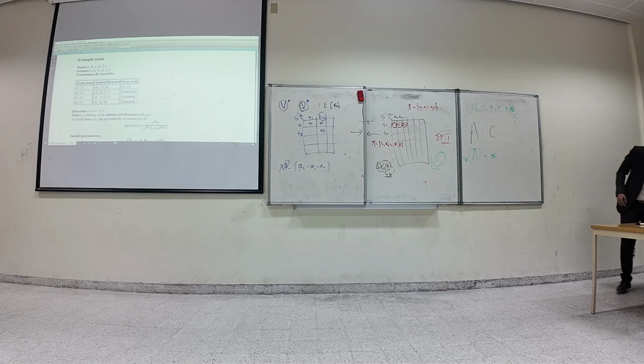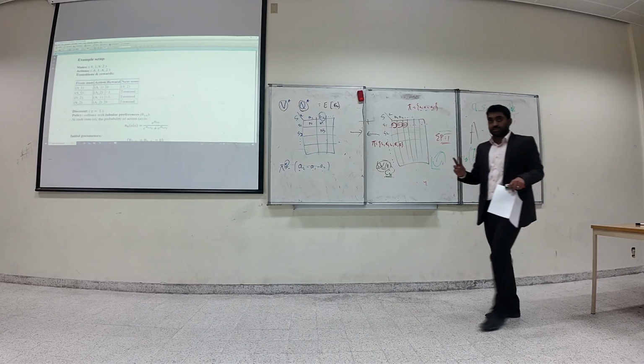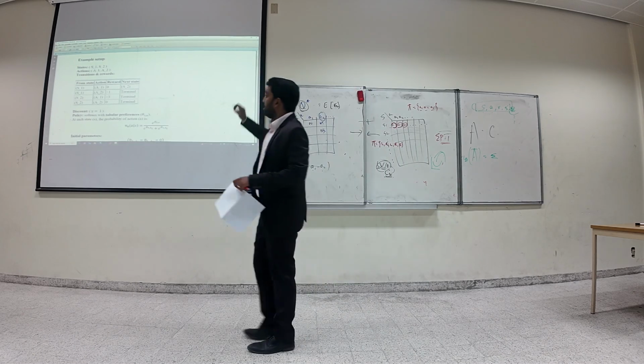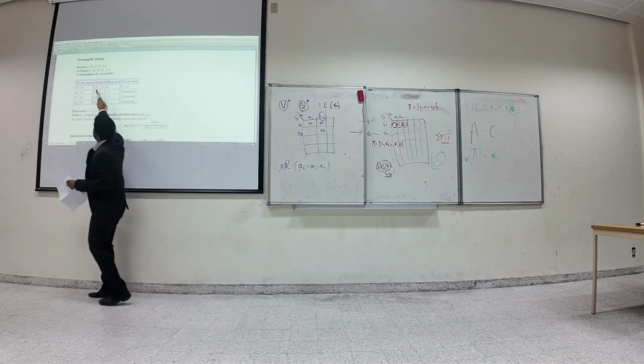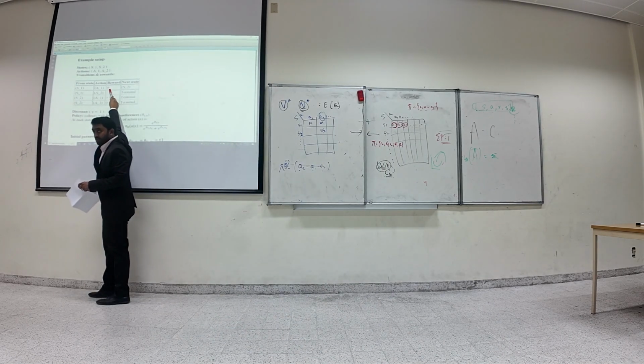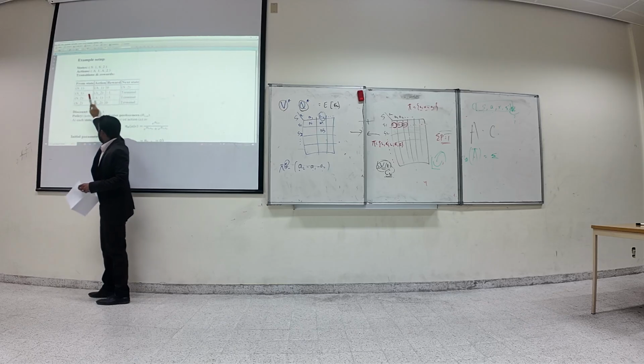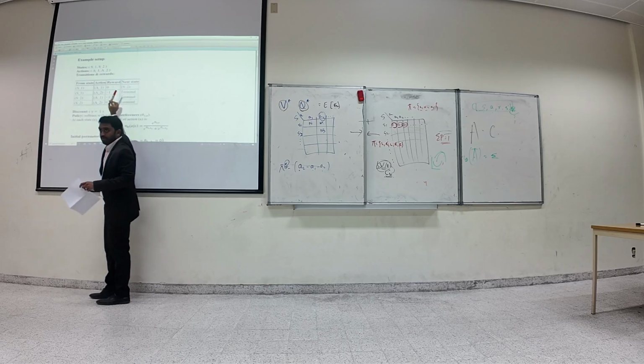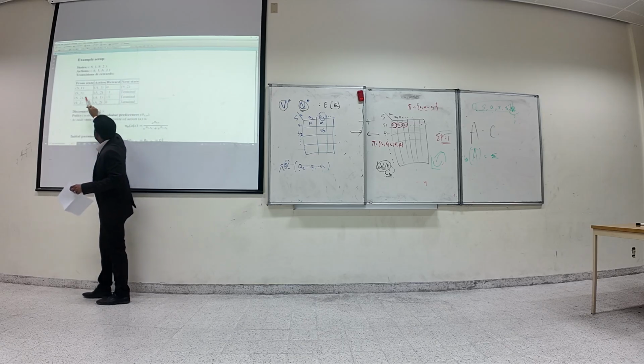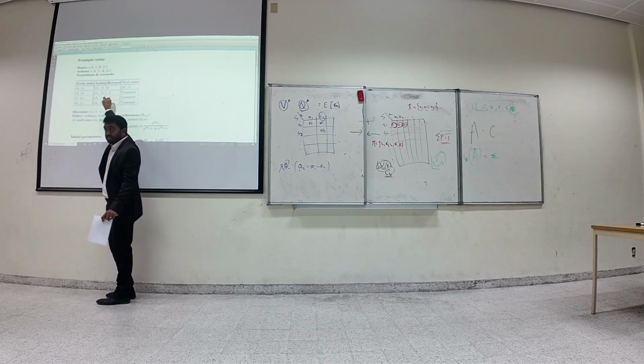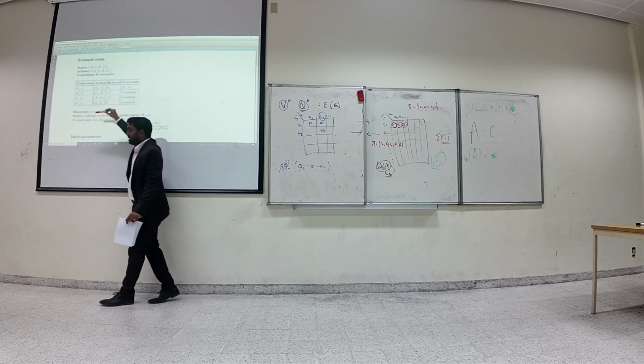Again, a very simple problem where you have two states, S1, S2. In S1, you take A1, you get a reward of 0, you go to S2. In S1, you take A2, you get a reward of 1, and that's a terminal state. In S2, you take A1, you get plus 3, you go to a terminal state, say S3.